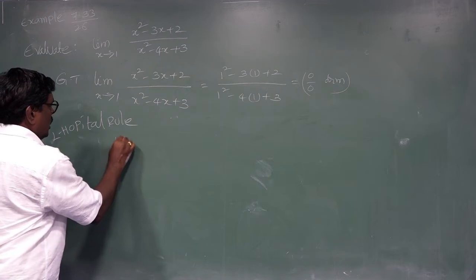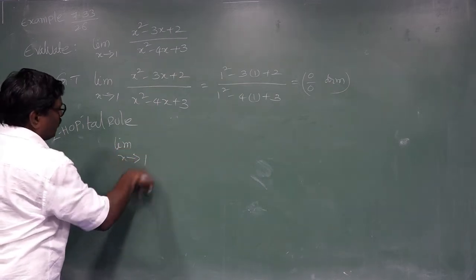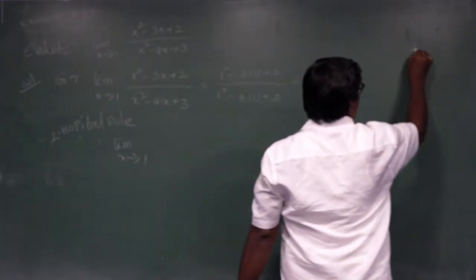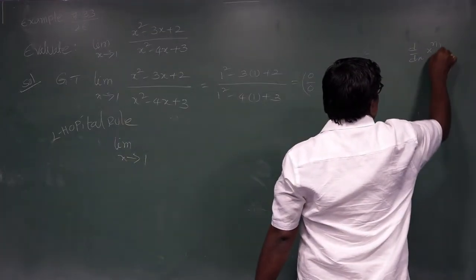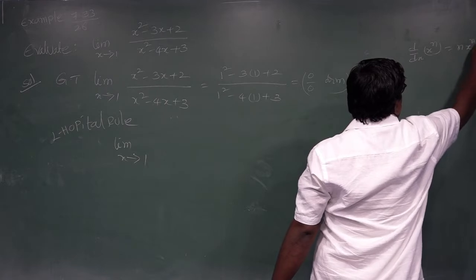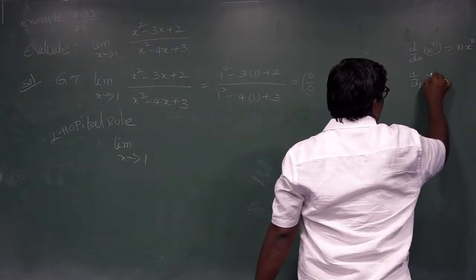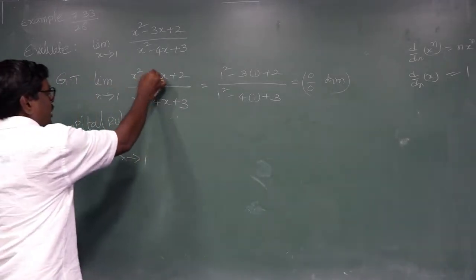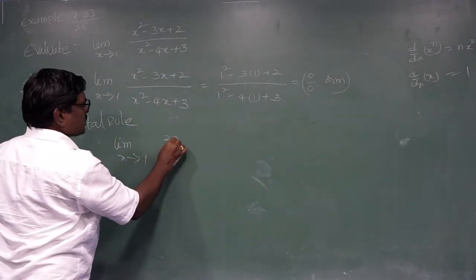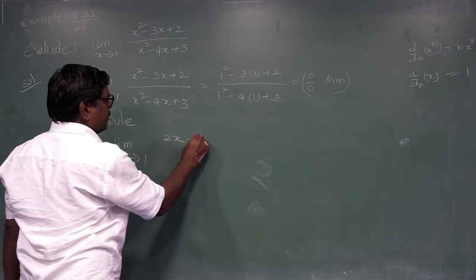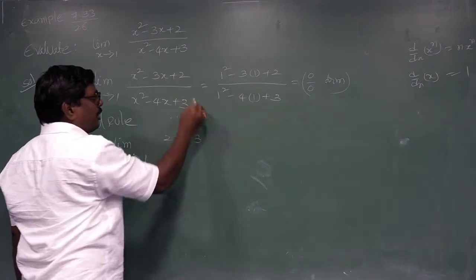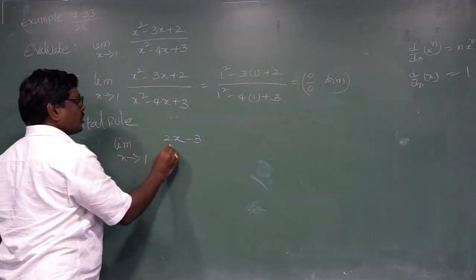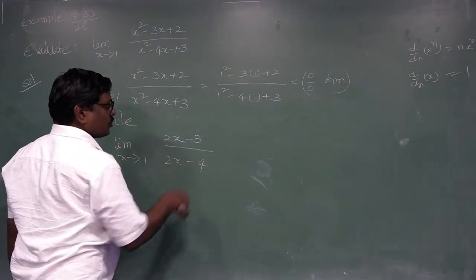By the L'Hospital rule, the limit as x tends to 1. The derivative of x power n is n into x power n minus 1, and d by dx of x equals 1. So the derivative of x square minus 3x plus 2 is 2x minus 3, since the derivative of a constant is 0. Similarly, the denominator gives 2x minus 4.